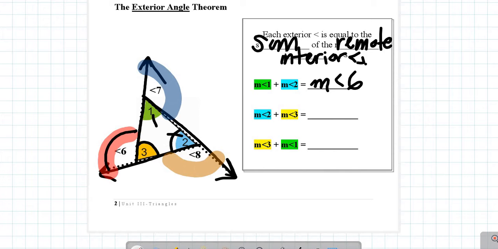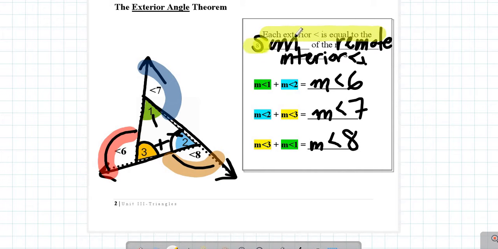Angles 2 and 3 would add up to the measure of angle 7. And 3 and 1 would add up to the measure of angle 8. So once again, each exterior angle is equal to the sum of the remote interior angles. Remote means far away.